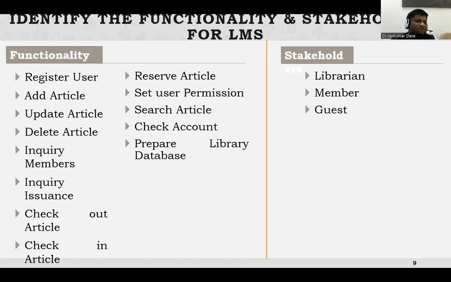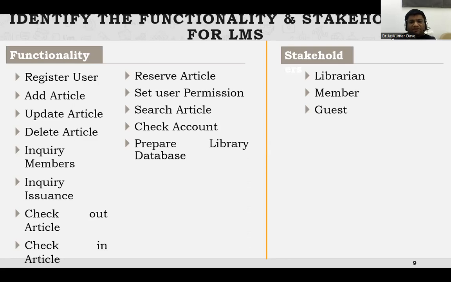Not only that, once the details have been added for these articles, books or journals, those need to be updated as well as deleted. And all the members are going to make certain types of inquiry. Also, they are going to check out the article or check in the article. They are going to reserve certain articles or set user permission on that. Then search article has to be there, check article, then prepare library database. All these things are the various functionalities which users are going to perform in the context of LMS.